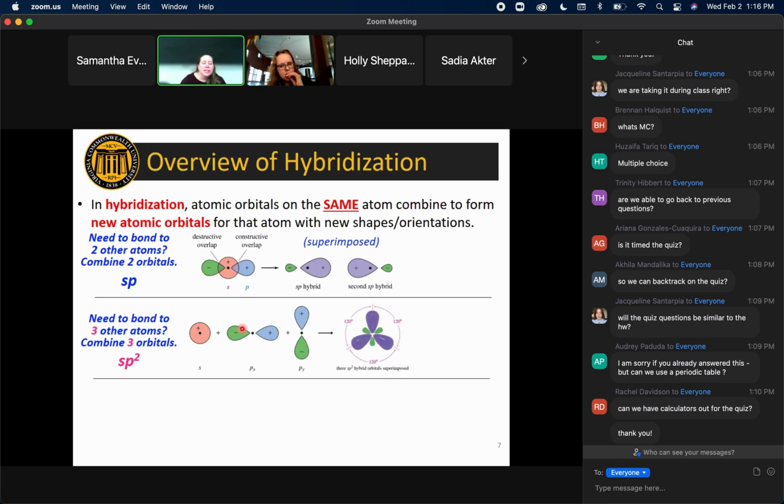So for example, the px and the py orbital are planar with respect to each other. They're in the same plane as each other. And it turns out that all of the sp2 hybrid orbitals are also in the same plane. And this should make sense, because if you look at these 3 orbitals that I'm showing you, none of these orbitals really sticks out too much in front of your slide or behind your slide, right?